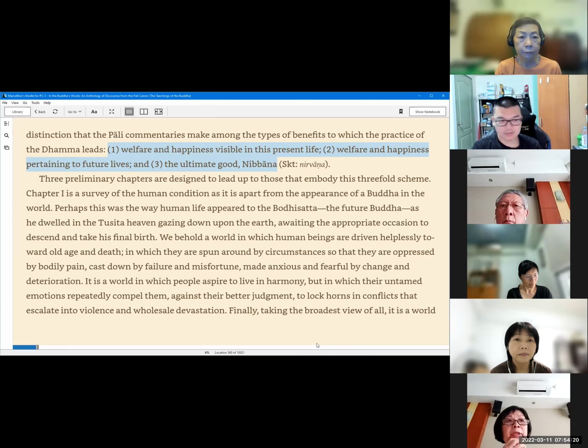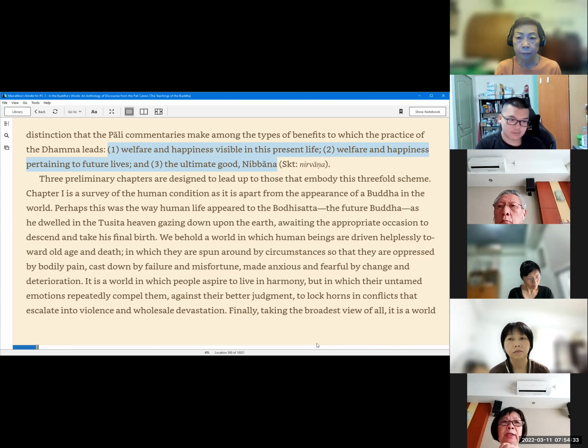Three preliminary chapters are designed to lead up to those that embody this threefold scheme. Chapter 1 is a survey of the human condition as it is apart from the appearance of a Buddha in the world. Perhaps this was the way humans appeared to the Bodhisattva, the future Buddha, as he dwelt in the Tusita heaven, gazing down upon the earth, awaiting the appropriate occasion to descend and take his final birth.